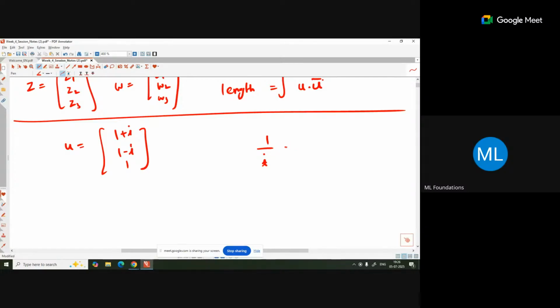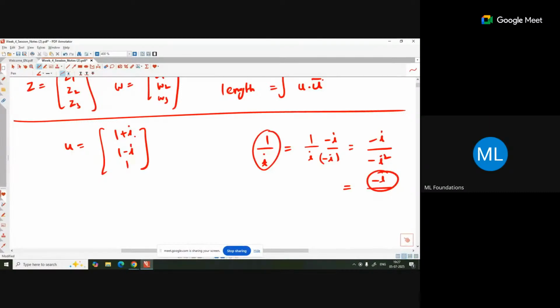You multiply with minus I above and below. Above you have minus I, and below minus I squared, that gives plus 1. So it becomes minus I. But this is done only when you have a complex number in the denominator. Here you do not have the denominator, so we cannot do it.